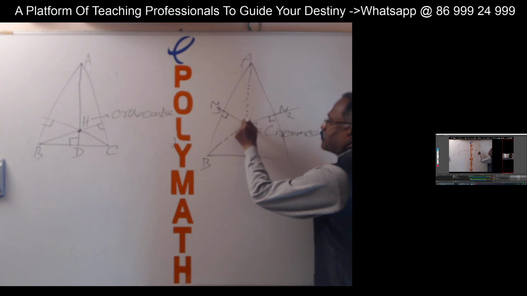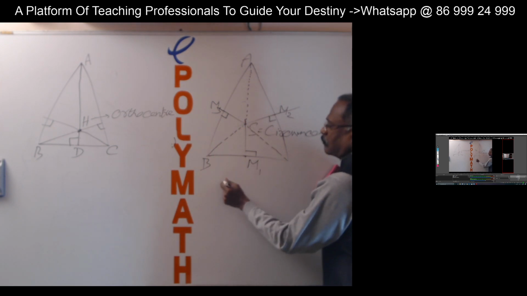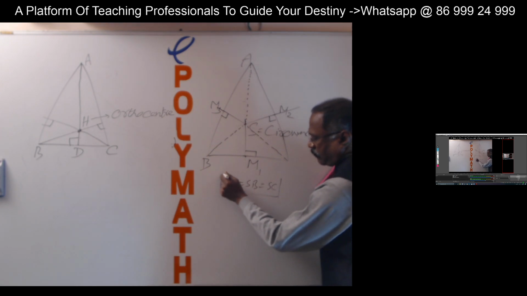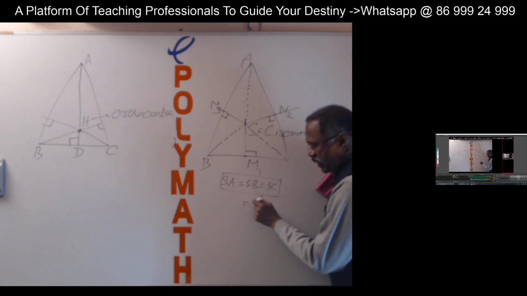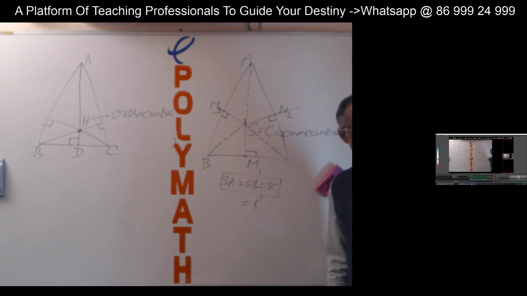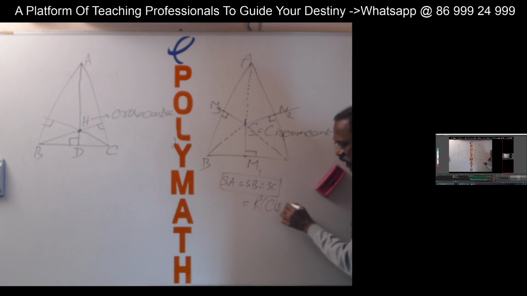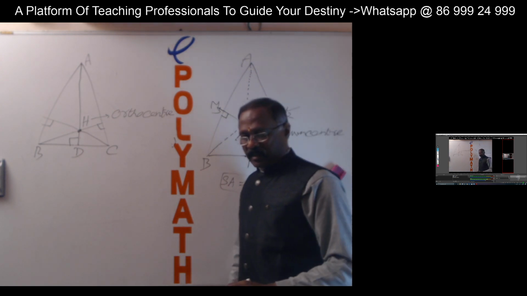SA is equal to SB is equal to SC. And generally, it is denoted by capital R. What is the capital R, you know? It is called circumradius.